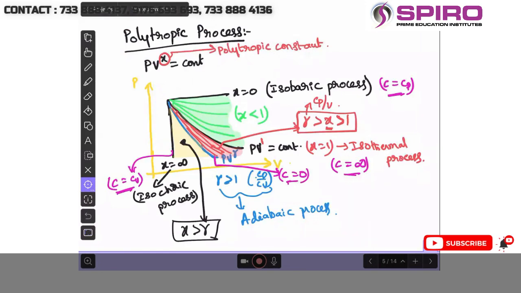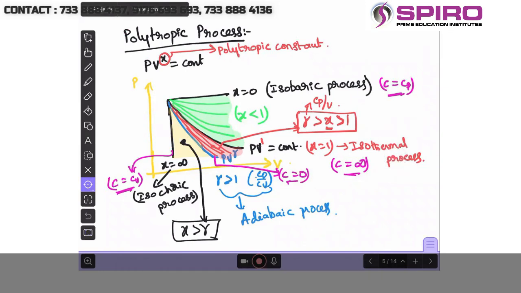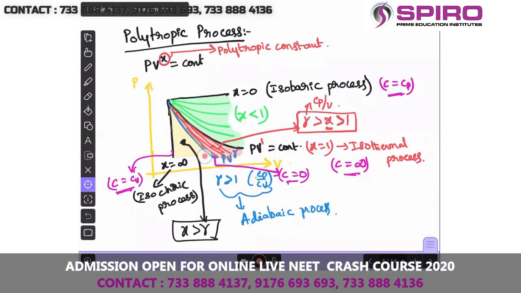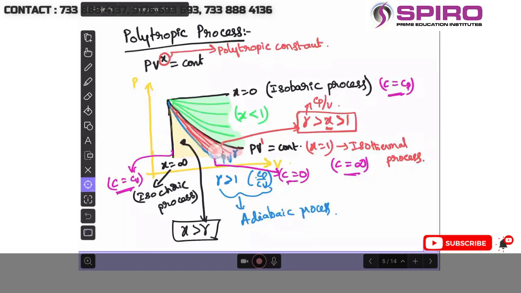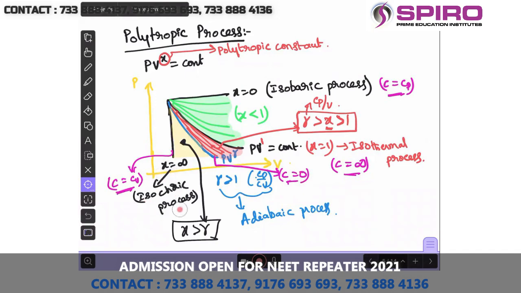Between the pressure and volume, the different graphs at different X values were taken like this, and X equal to 0 is taken as isobaric process, X equal to 1 is taken as isothermal process, and X greater than 1, the graphs will come under this region, and the X value less than 1 will fall under isobaric process and isothermal process, and X value between 1 and gamma, all the processes will fall under this region, and the X value greater than gamma will fall under this case. X value is taken to be infinity for isochoric process.